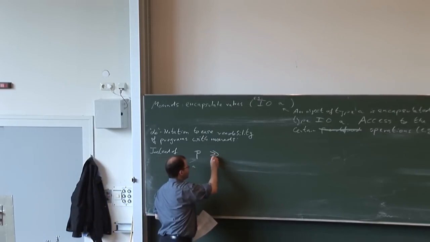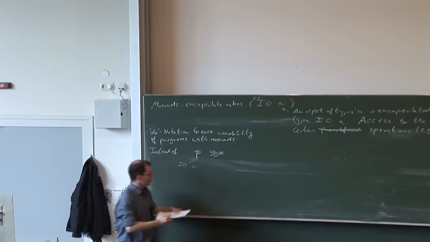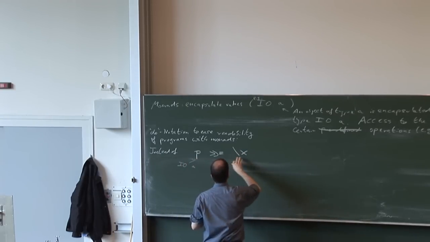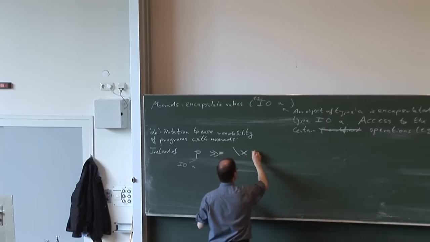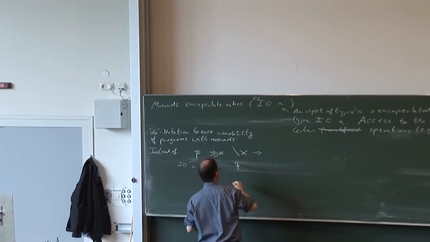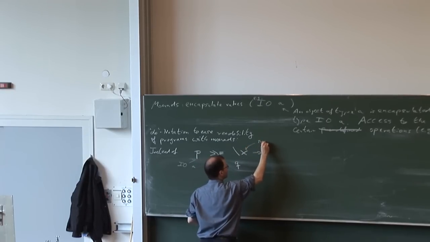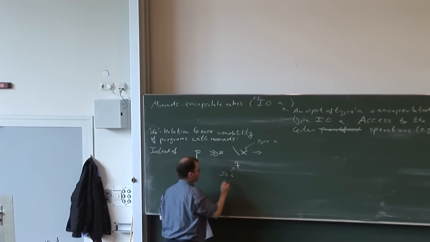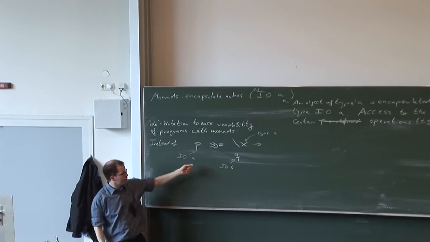Then we want to access this encapsulated object of type A. So after this, there should be an action which depends on this encapsulated object x, and depending on x, we do another action Q. So x has type A, and Q has type IO B. So this expression performs two actions after each other.